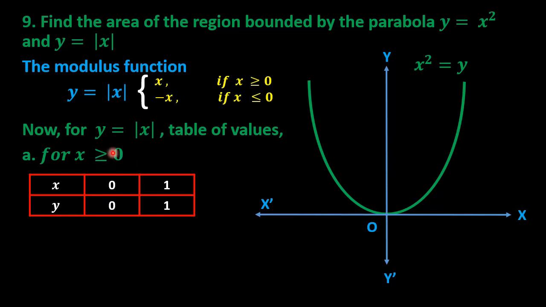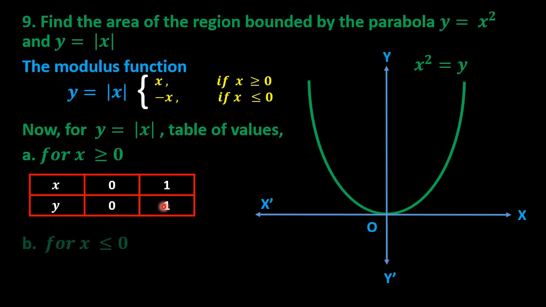So putting x equals 0 here, y will be 0. So the first point we get is (0, 0), and then we have to take a positive integer. So here I have taken x equals 1, which satisfies this condition, and putting x equals 1 here, we get y equals 1. So the second point will be (1, 1).